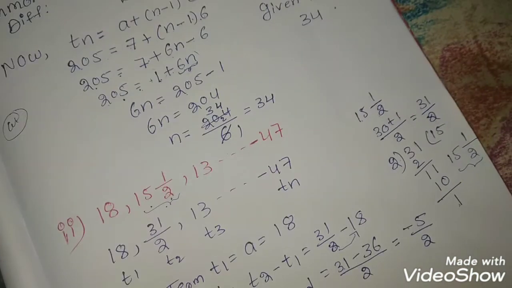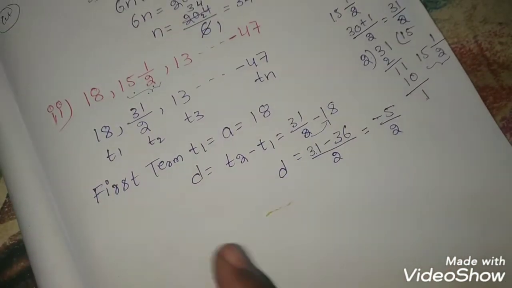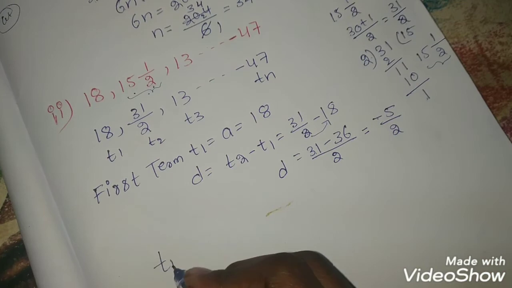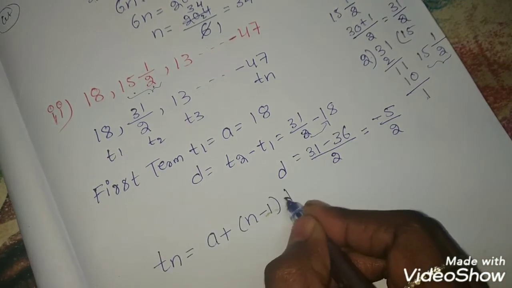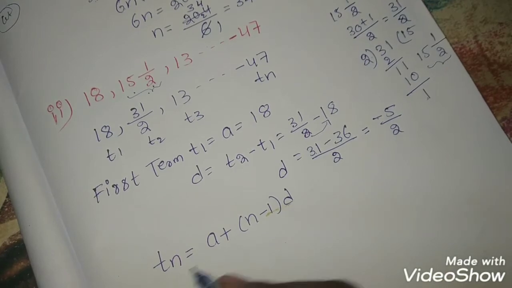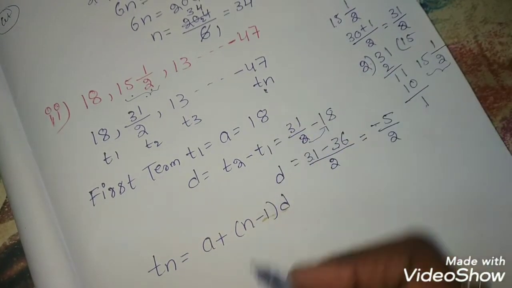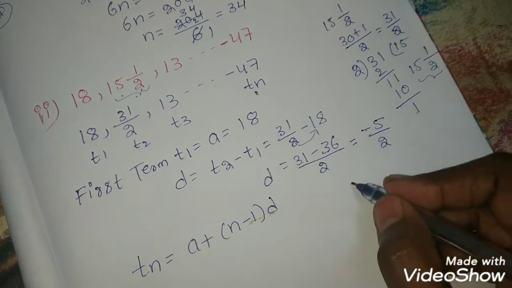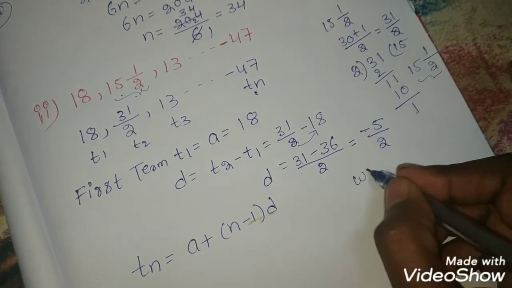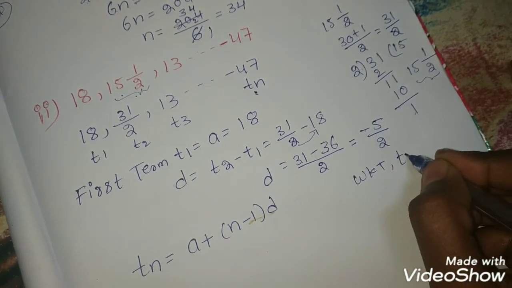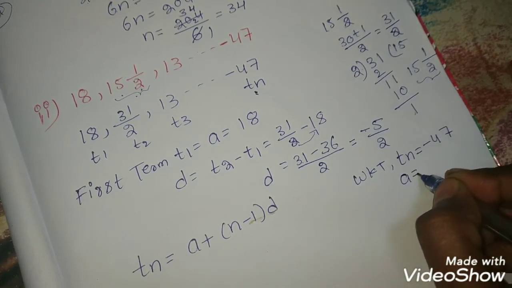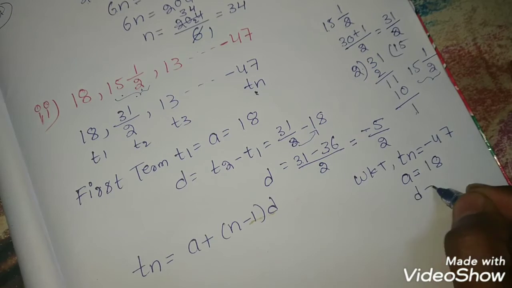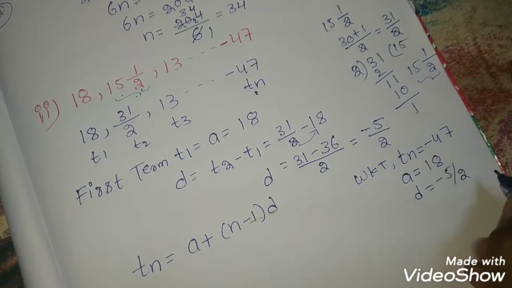So what do we need to find? We know the formula of the nth term: Tn is equal to A plus n minus 1 into D. What is Tn here? Tn is minus 47. So write down here. We know that Tn is equal to minus 47, A is equal to 18 and D is equal to minus 5 by 2.